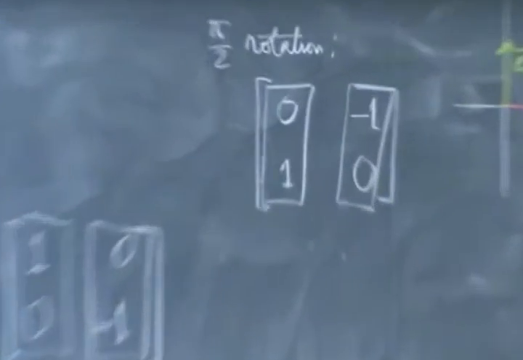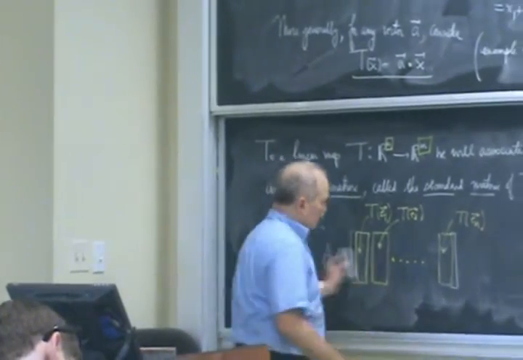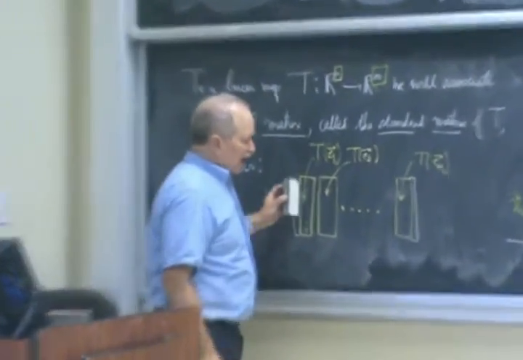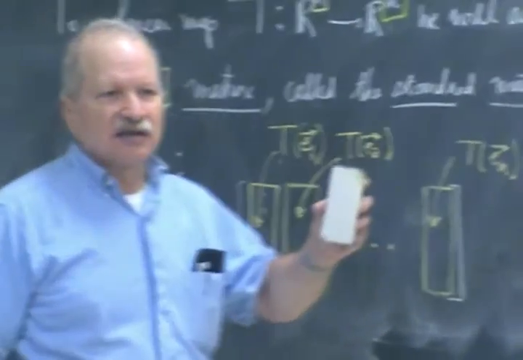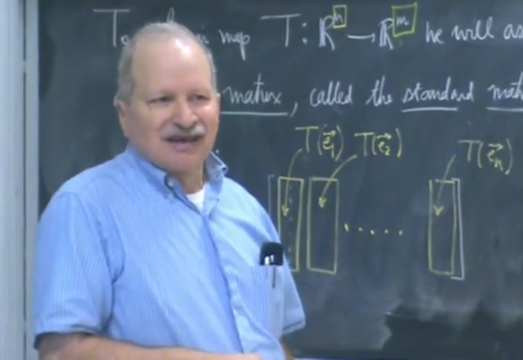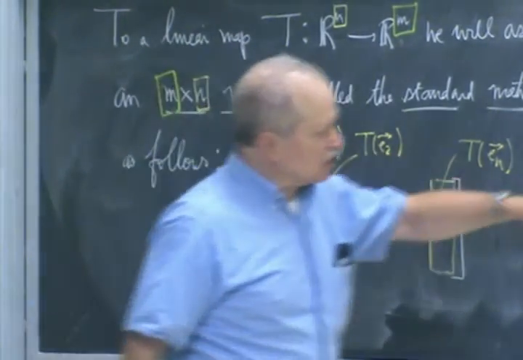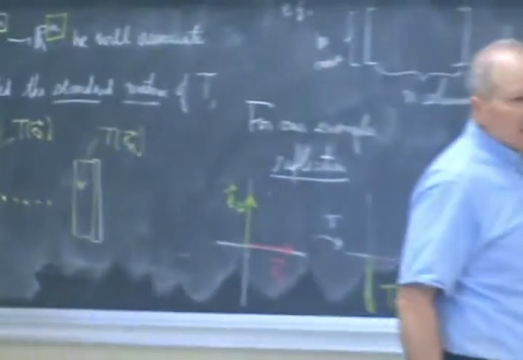Well, so there's got to be a step missing here of how we use this matrix A that we've constructed to figure out what the linear map does to an arbitrary vector x. I've told you what it does to the standard basis vectors. Those are what these columns are.